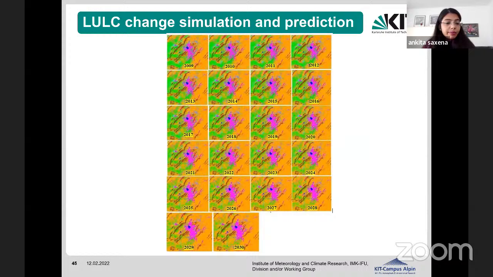Up to the year 2019, we simulated using the Cellular model. It's showing the land use land cover change projections by considering those parameters, and how the land use classes are being changed in terms of areas.